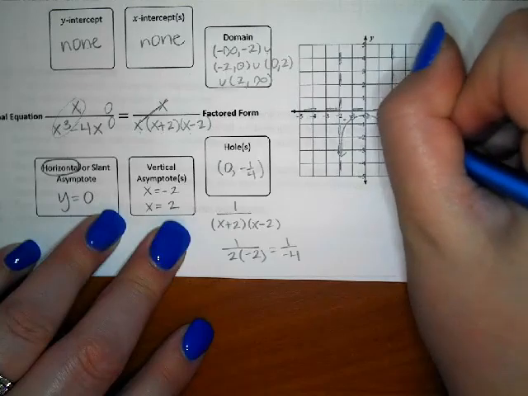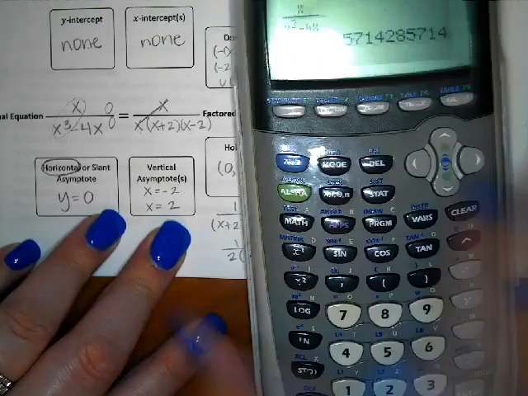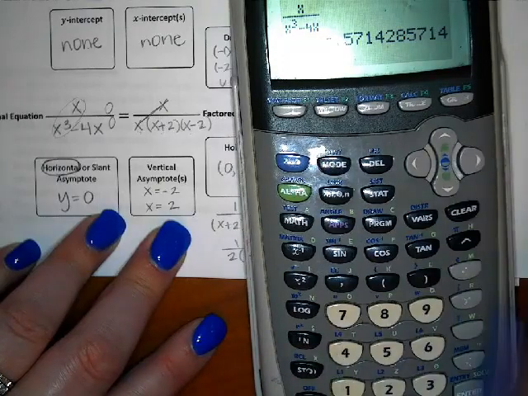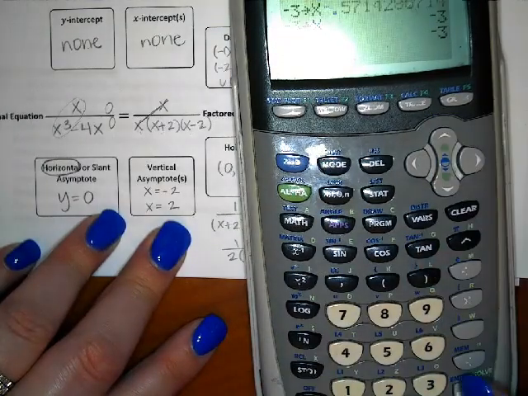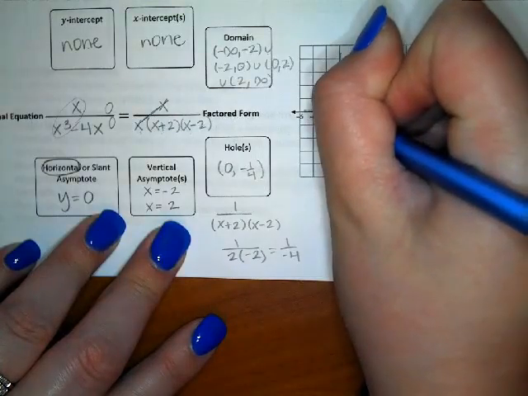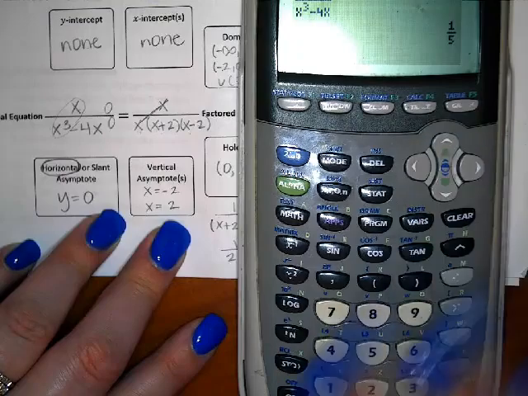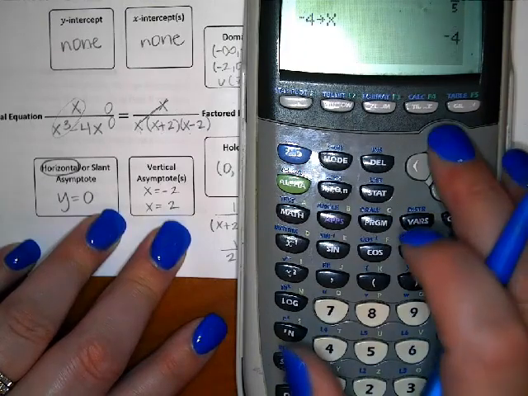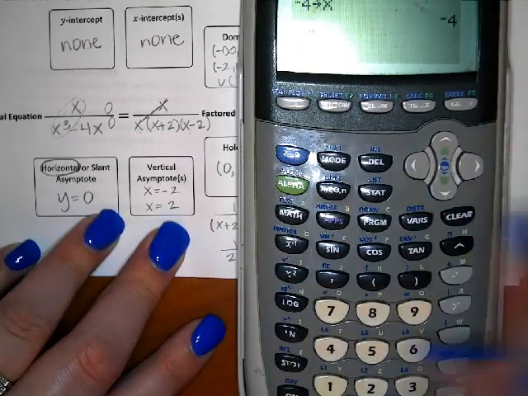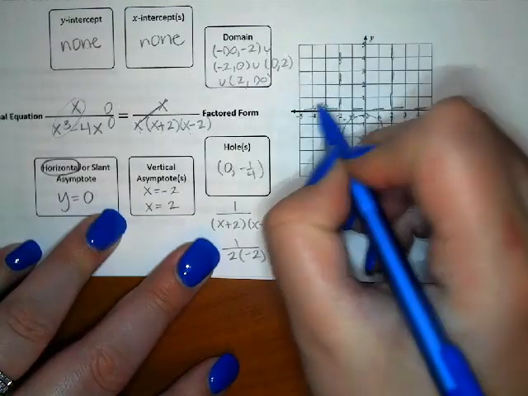Okay, so that's the middle part. Let's try -3. -3 is 1/5. Let's try -4. 1/12. I think it's closer. Okay, so I'm going to expect something like this then.